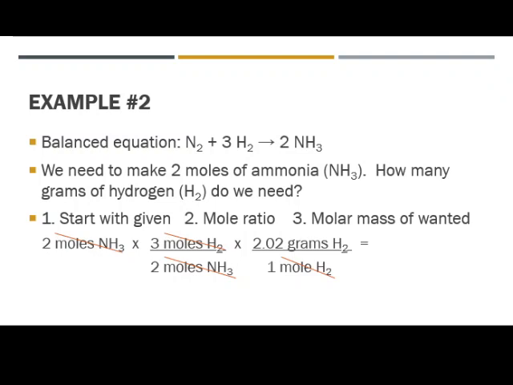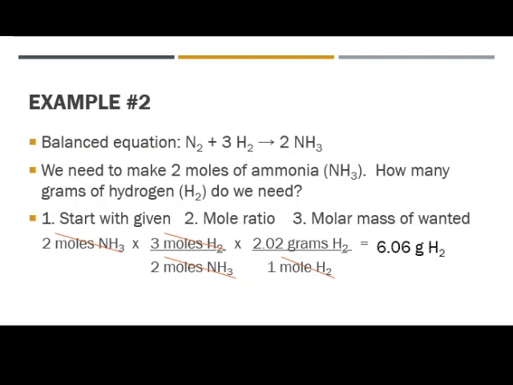And then I just read it across. So remember, anything on the bottom you will divide by, anything on the top you multiply by. It does not matter how you read it. So 2 times 3 divided by 2, or 2 divided by 2 times 3. And then we're going to divide by 1 and multiply by 2.02.